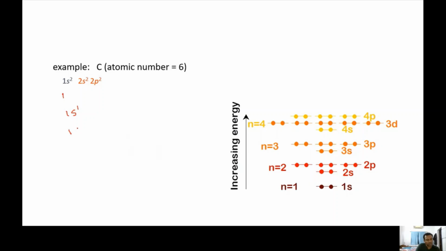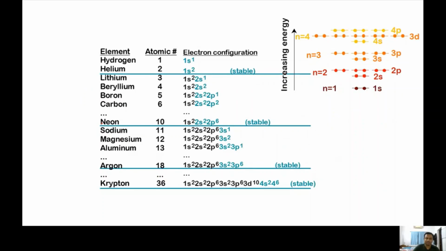Those 2 electrons go to the 1s subshell, represented by 1s2. So this is hydrogen, this is helium. Okay, we will see some more examples here.